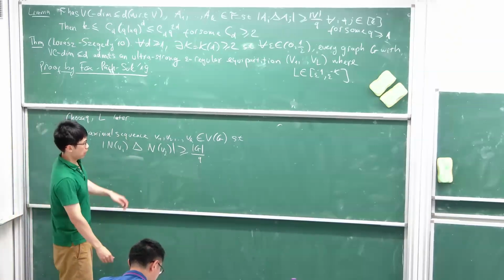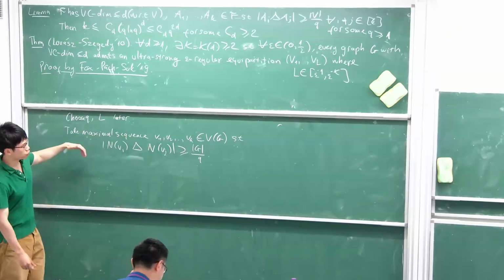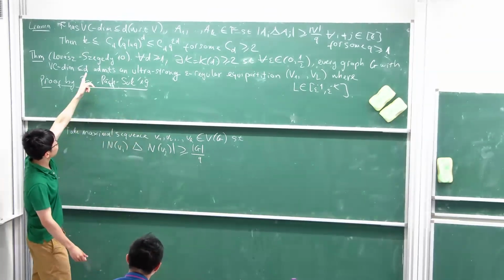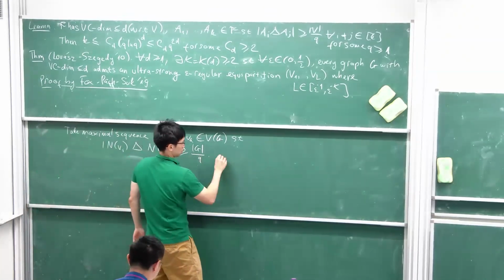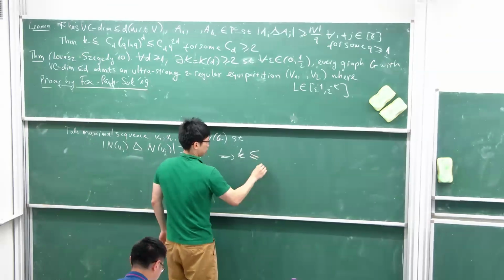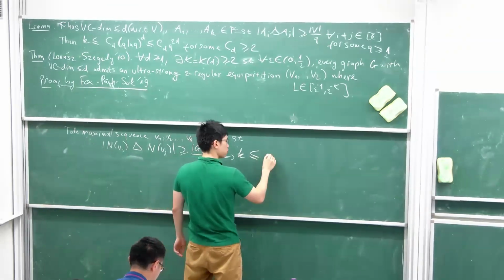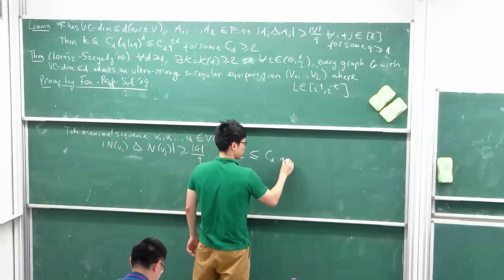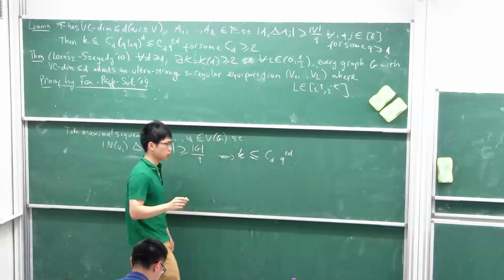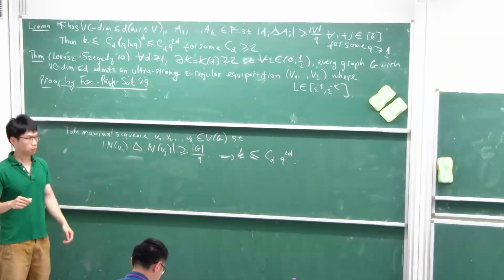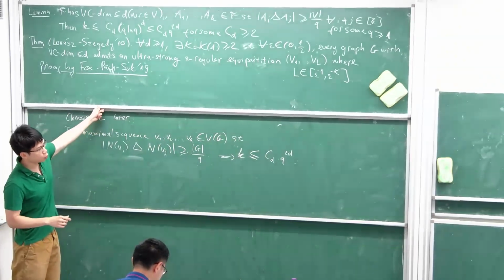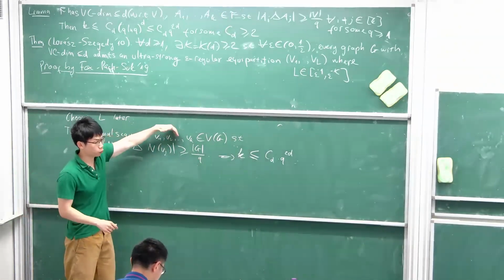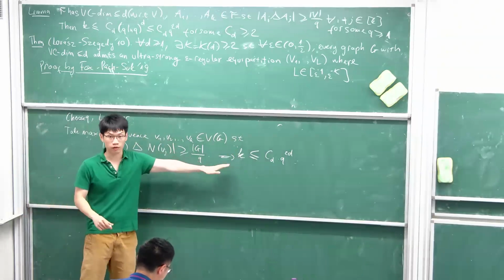Since G has VC dimension at most D, we can infer from this lemma that the sequence has length at most some constant C depending on D times Q to the power of 2. So in other words, no matter how we choose such a sequence, you cannot choose too many of them.